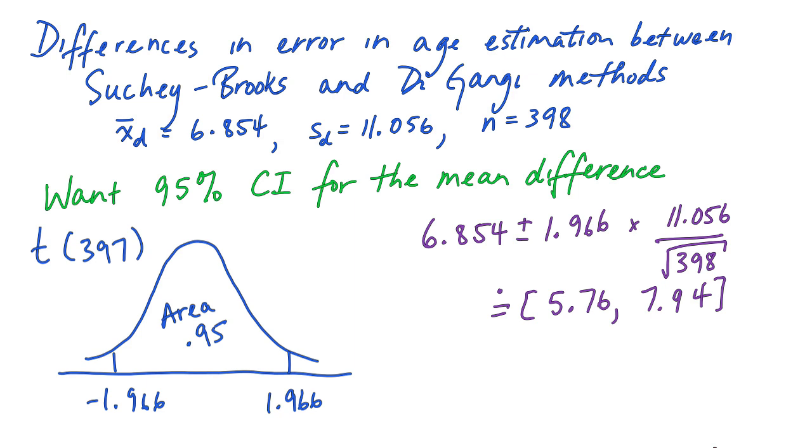So we estimate that the true mean difference in the error in age estimation between the Saatchi-Brooks and Dagrange methods is possibly as low as 5.76 or a little under 6 years, and as high as almost 8 years. From our statistical test, we had very strong evidence that the mean of the differences was not 0. And correspondingly, we don't see 0 within this confidence interval.